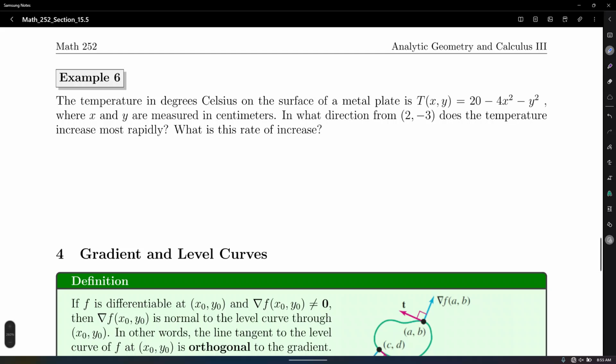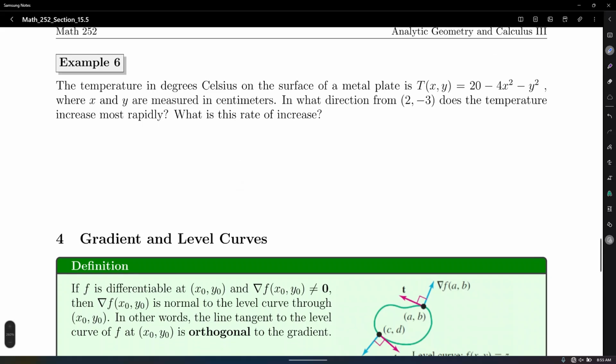All right, and x and y are measured in centimeters. So let's say we are working in the manufacturing of metal plates. And of course, at one point in the process, they must get really, really hot so they can get the actual shape.